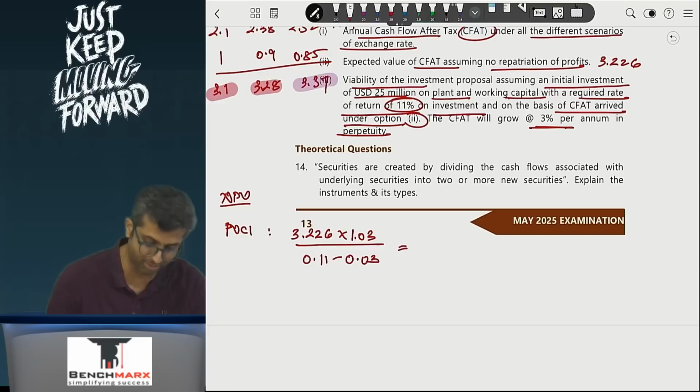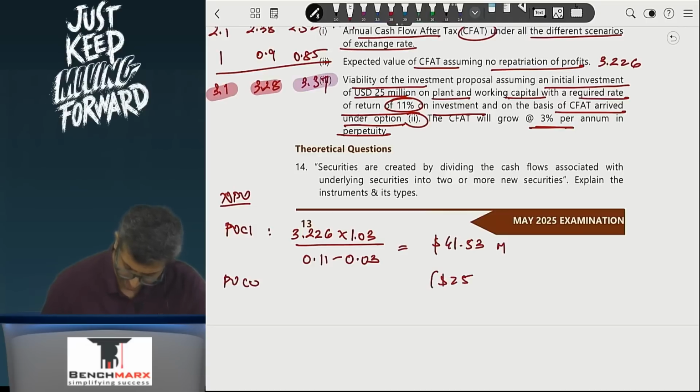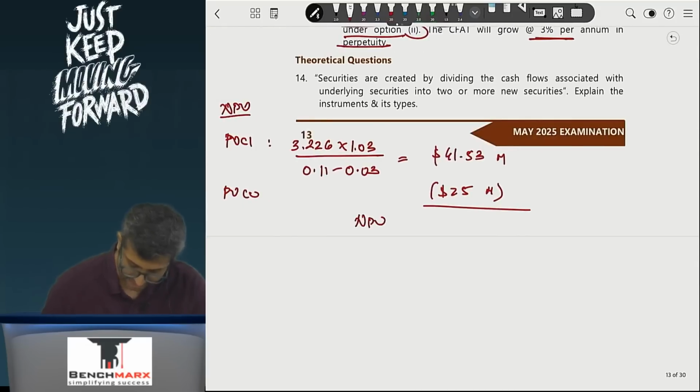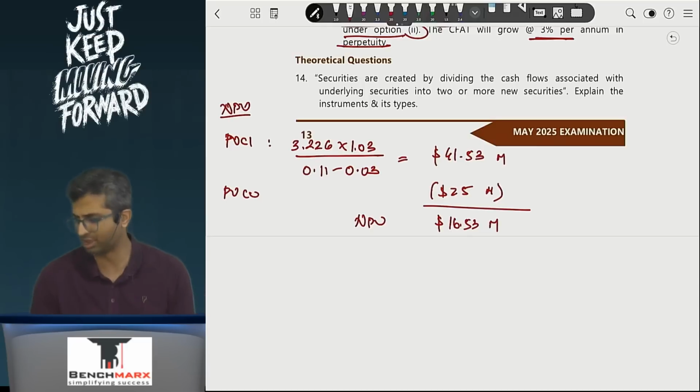This is perpetuity based cash flow. 3.226 into 1.03 upon, let us say, 0.08 comes to, I believe, 41.53 million minus PVCO, which is 25 million as I mentioned over here, and hence the NPV will be around 16.53 positive. And since the NPV is positive 16.53, you should accept the project, at least as per what has been done by the institute over here.